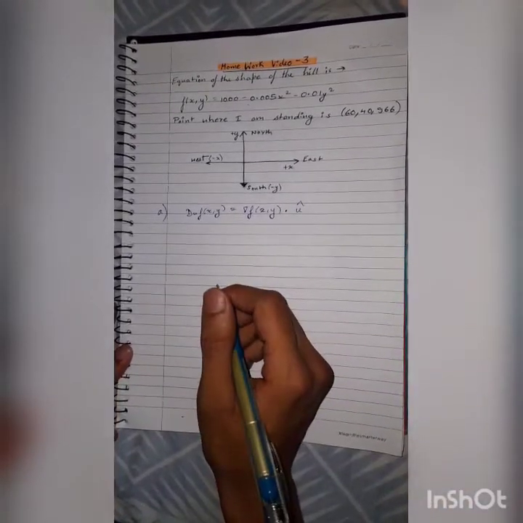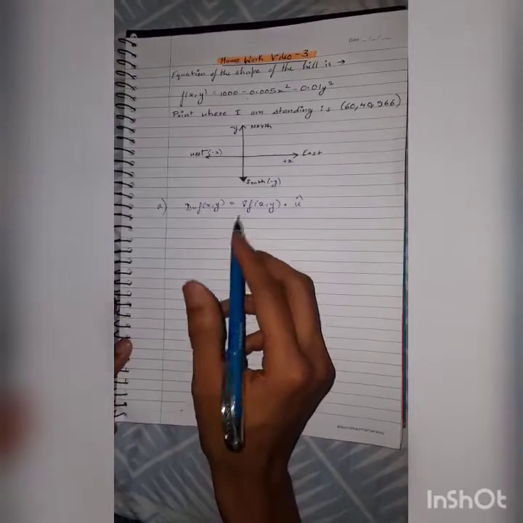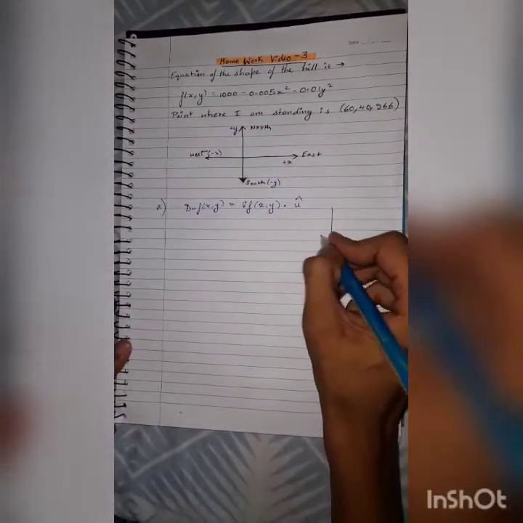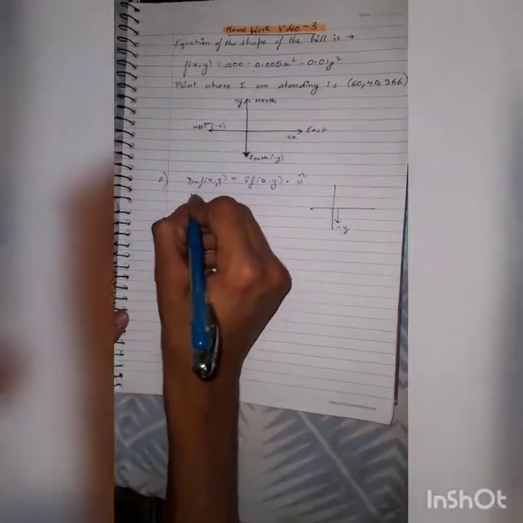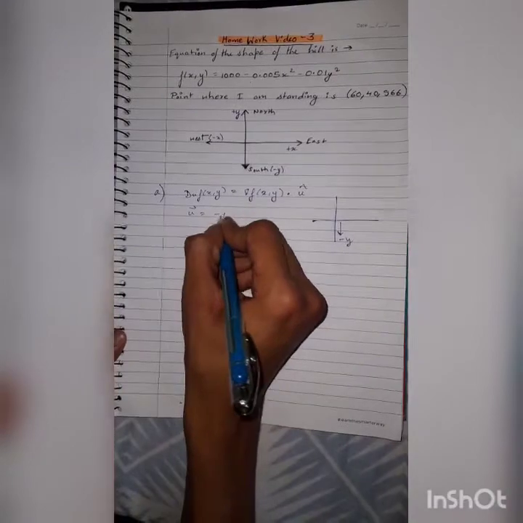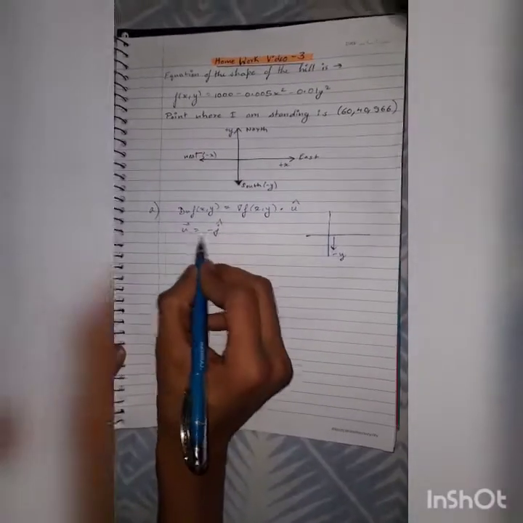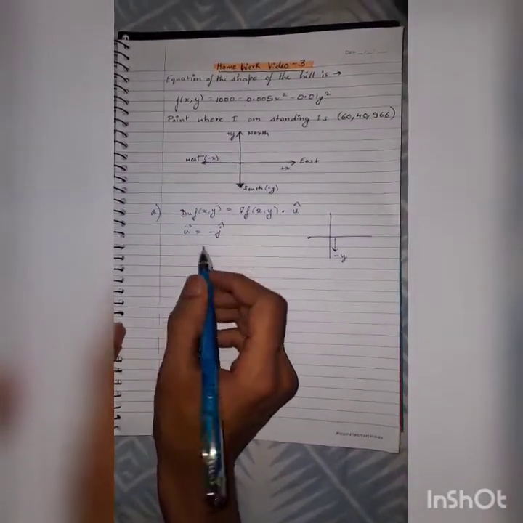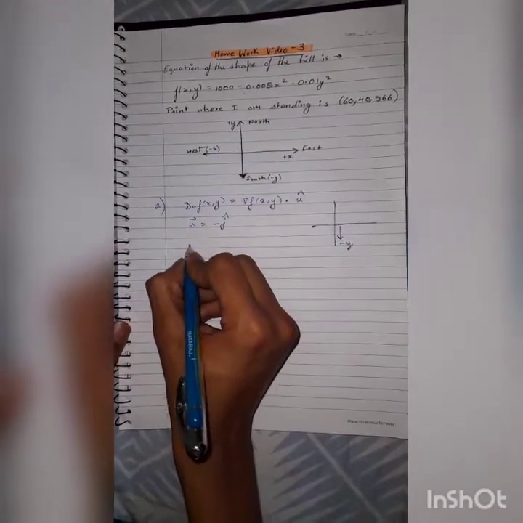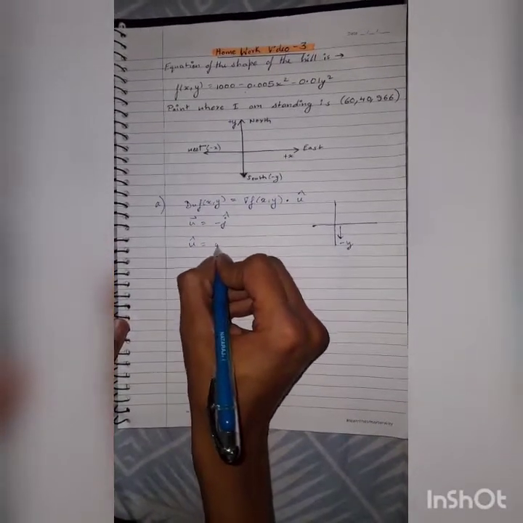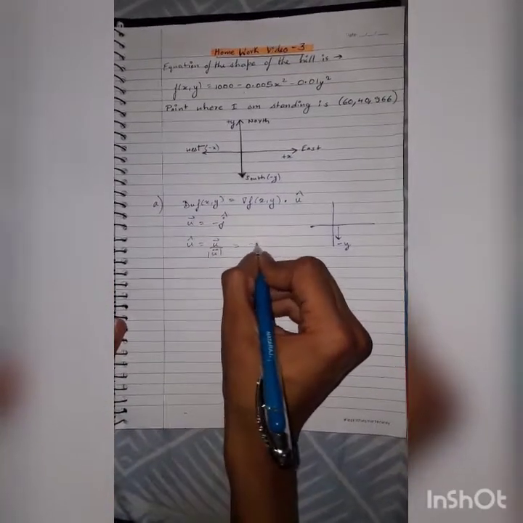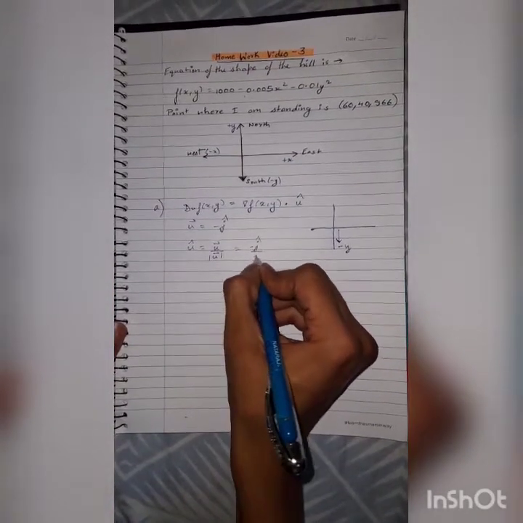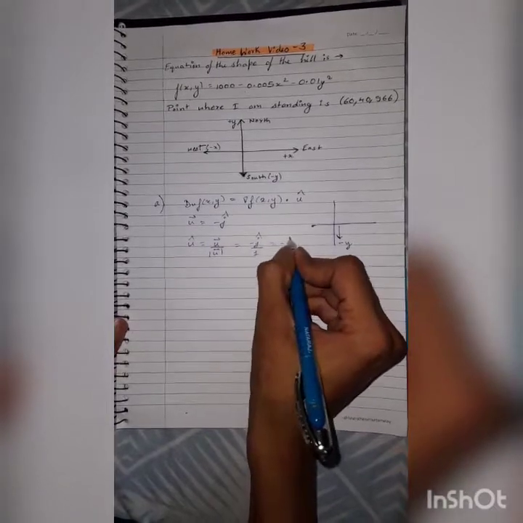Since I am walking due south, I am walking towards the negative y-axis, so the vector u is equal to -j cap. Now u cap will be equal to u vector divided by the magnitude, which is -j cap divided by 1, that is equal to -j.